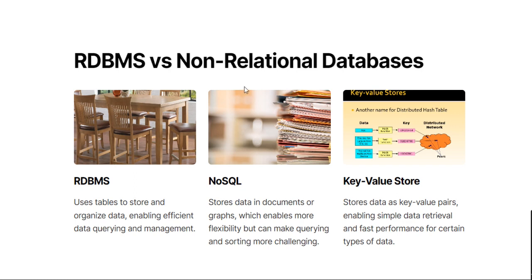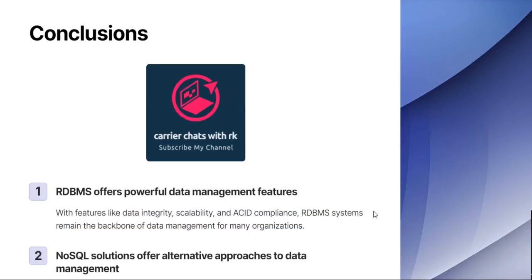So a non-relational database is challenging to sort, but RDBMS is easy. Then we will see key value stores. They store data as key value pairs, enabling simple data retrieval and fast performance for certain types of data.